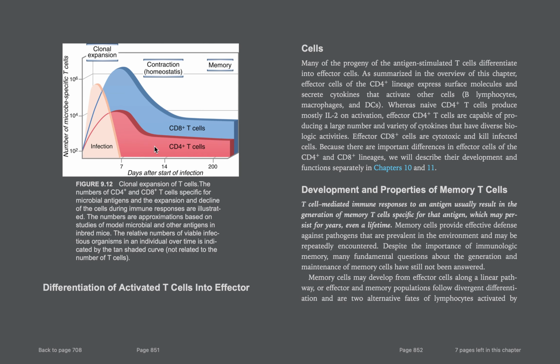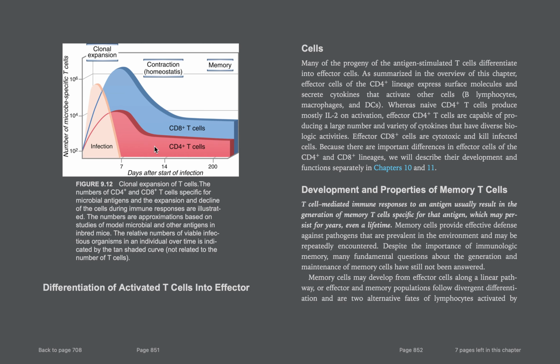Whereas naive CD4 T cells produce mostly interleukin-2 upon activation, effector CD4 T cells are capable of producing a large variety of cytokines that have diverse biological activities. Effector CD8 T cells are cytotoxic and kill infected cells. Because there are important differences in effector cells of CD4 and CD8 lineages, we will describe their development and function separately in chapter 10 and chapter 11.